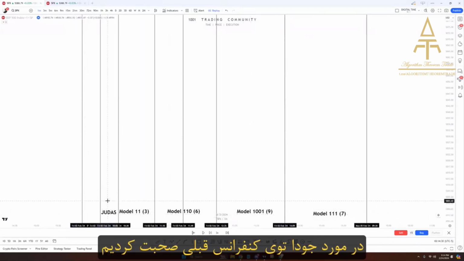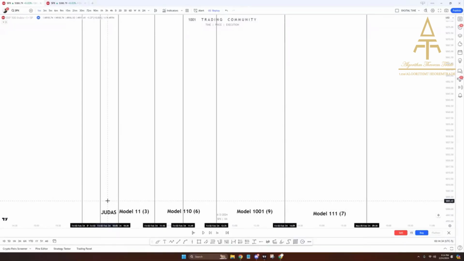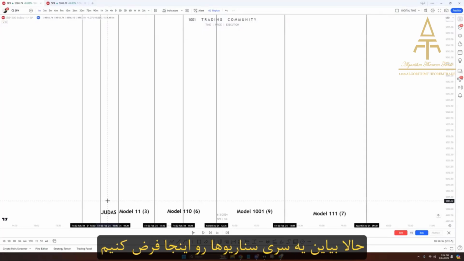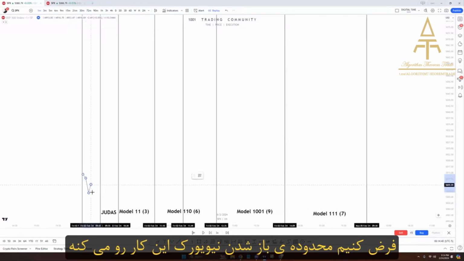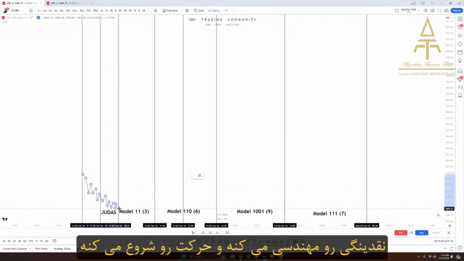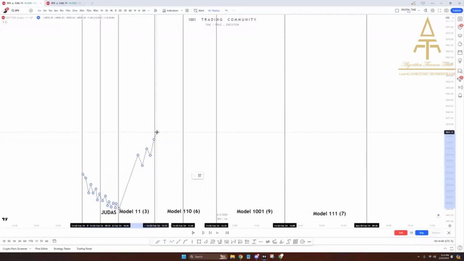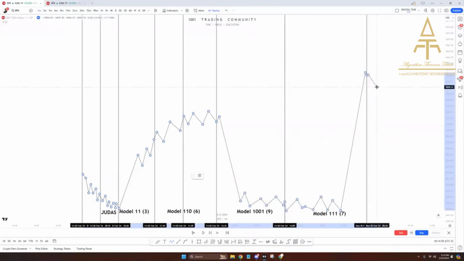We talked about Judas in the previous lecture, and different scenarios. Now let's say a couple scenarios here, a couple patterns. Let's say New York Open, price does this. Engineers liquidity, starts to move. Reverses at Model 110. Distributes. And end of day move expansion. What is this?